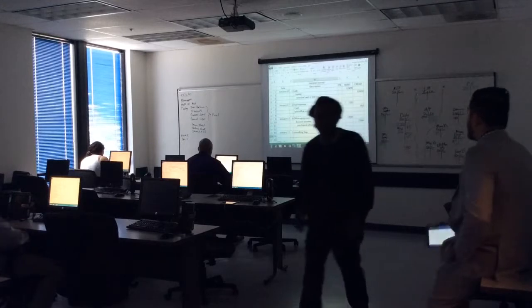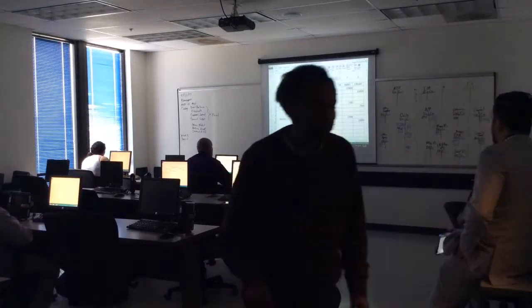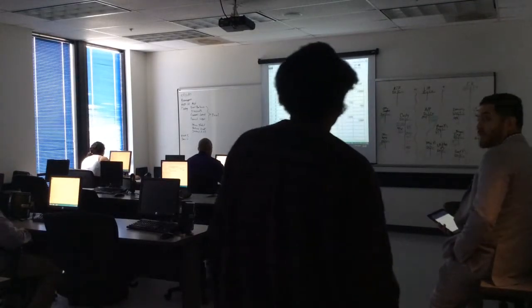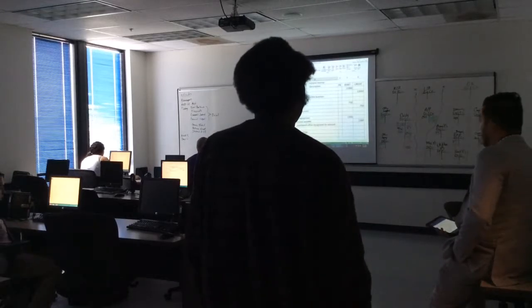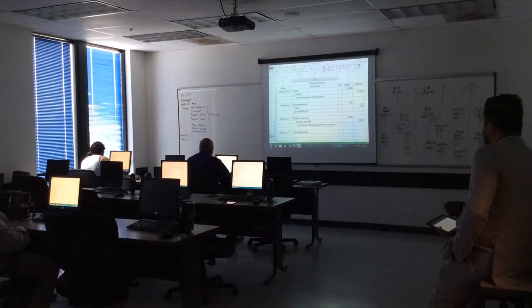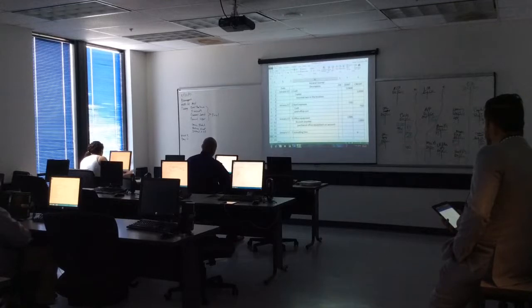Okay, so remember that when we're typing that in a little bit. So that means consulting fees has to be credited. And how much was it? $950. Okay, so go ahead and type that in. So he was credited? Yep.